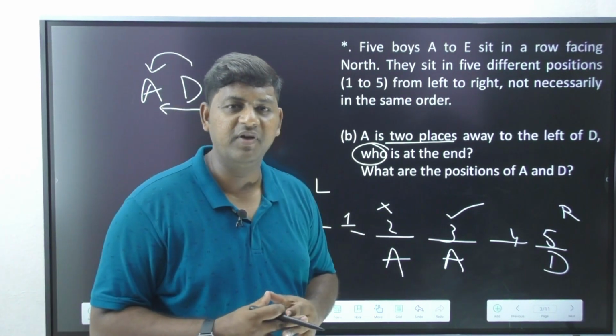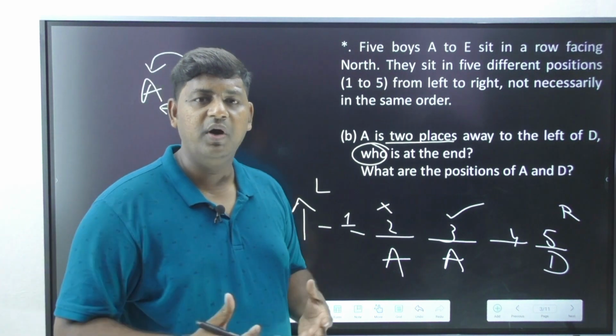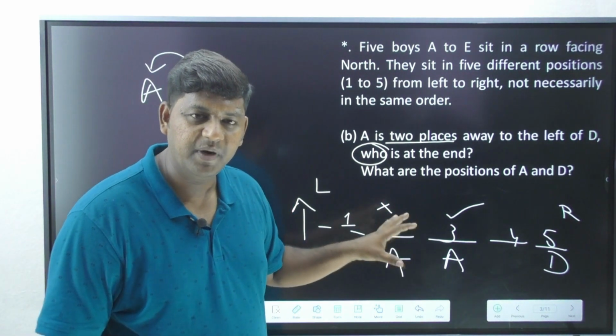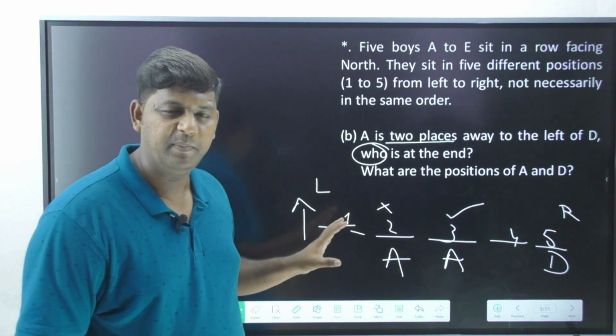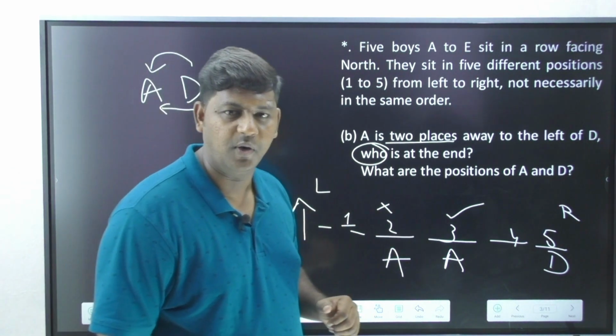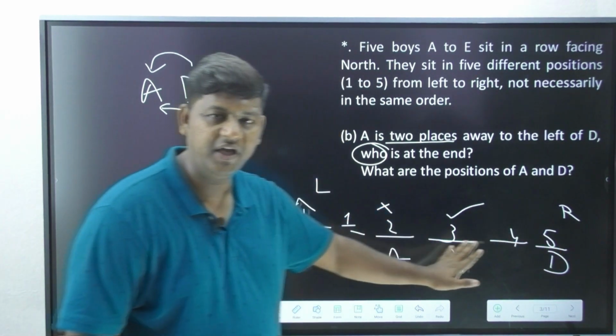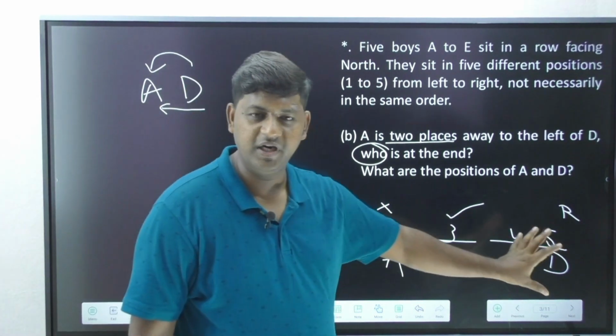Immediately you might be having a doubt, sir, I did not understand this complete information. How are you going to justify that A is going to come at position number 3 instead of placing him at position number 2? How can you explain it in a better way? So let us observe. Just tell me how many positions are vacant to the left of D? You have allowed D at position number 5.